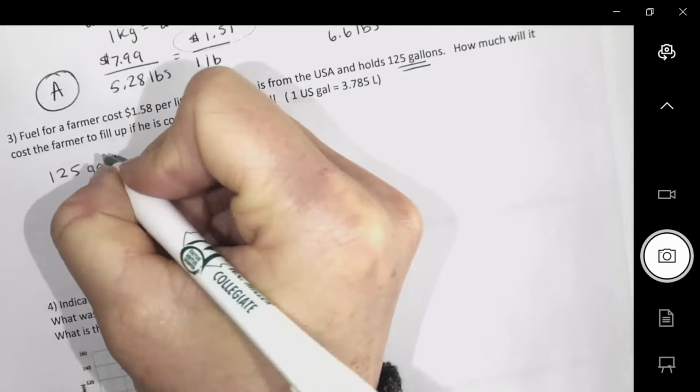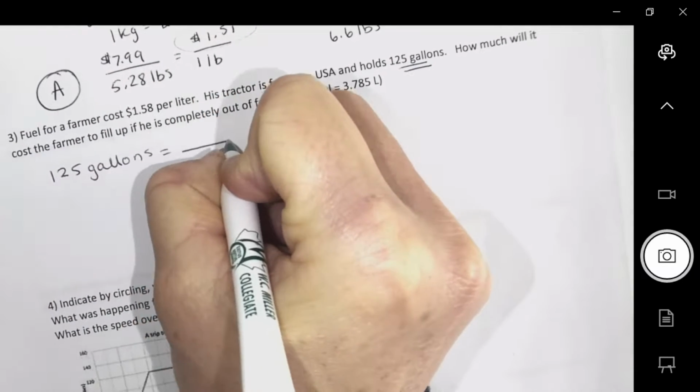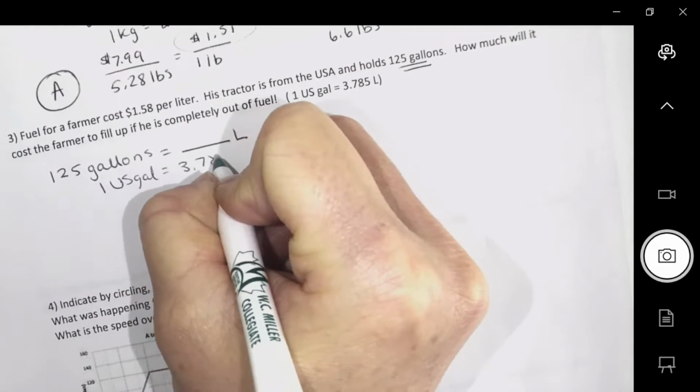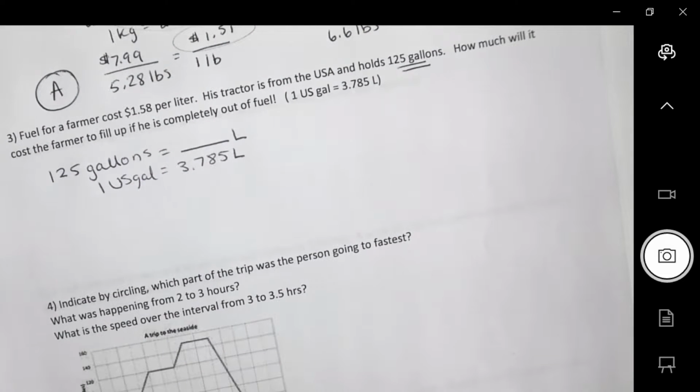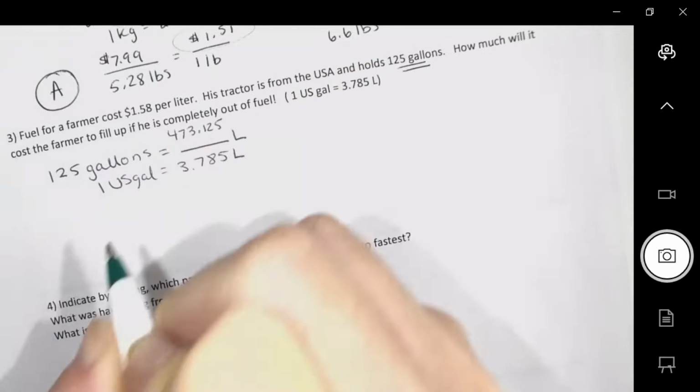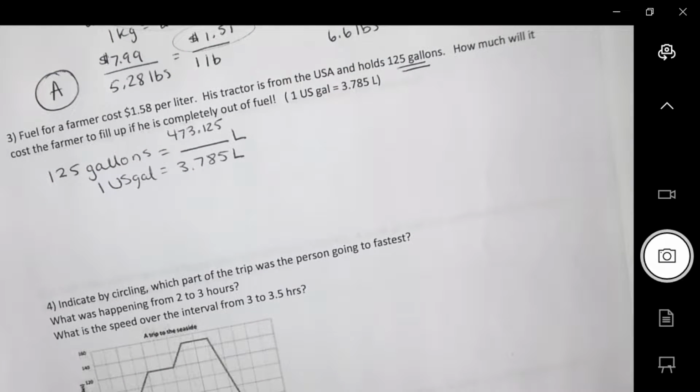125 gallons is going to be how many liters? So cross multiply, so times, you don't need to divide by 1. So that's how big the tank of gas is. So how much is it going to cost me to get that full?